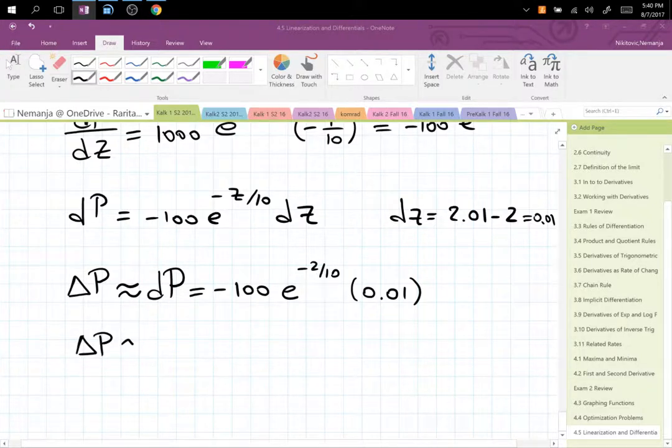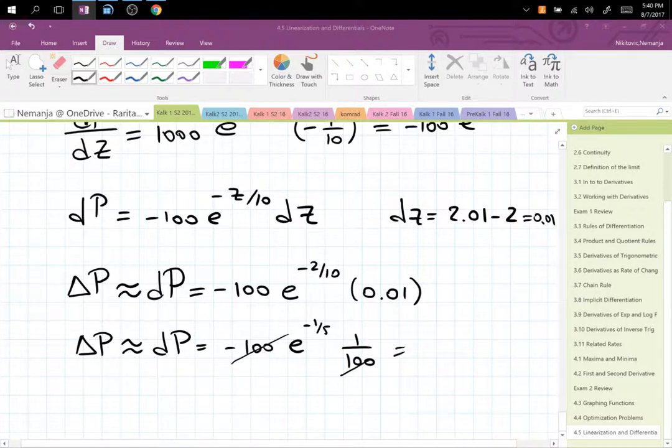So dP is negative 100 e to the negative 1/5, and this is 1 over 100 which would cancel. So the whole thing is just negative 1 over the 5th root of e. 1/5 is the 5th root, and negative pushes it downstairs. So you can compute this value.